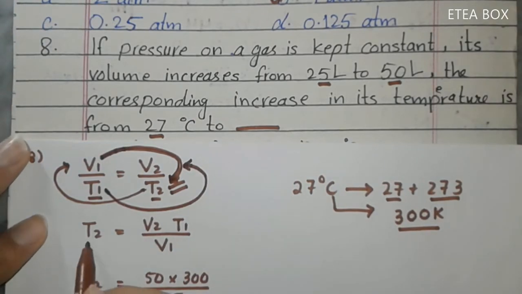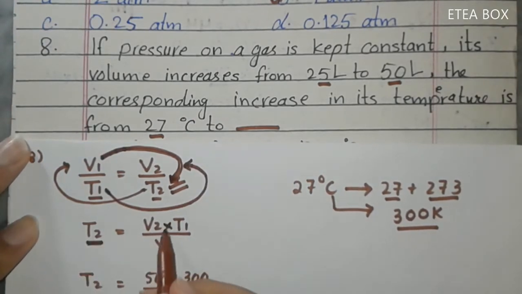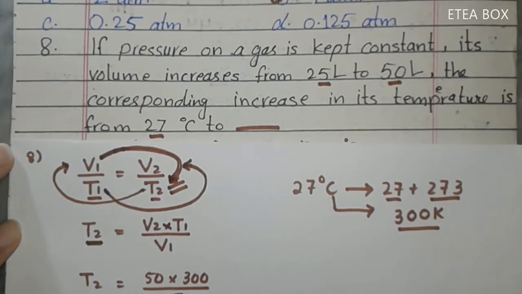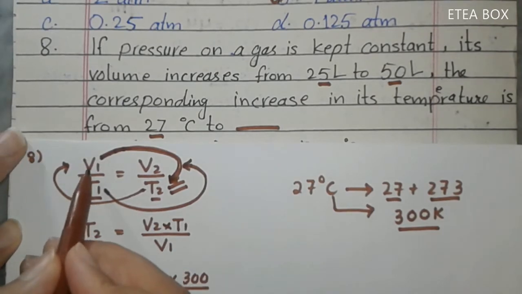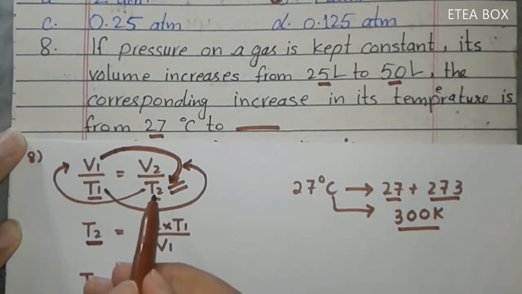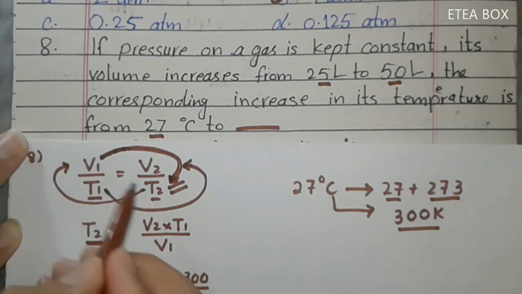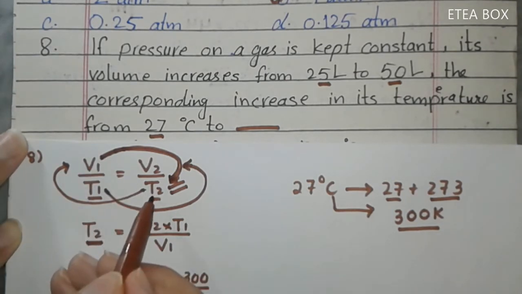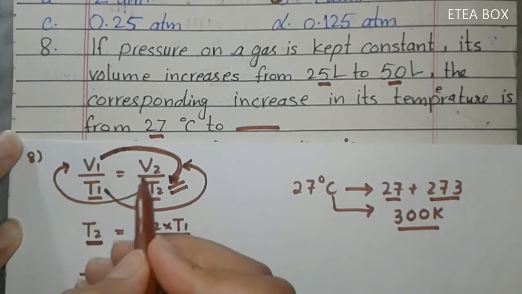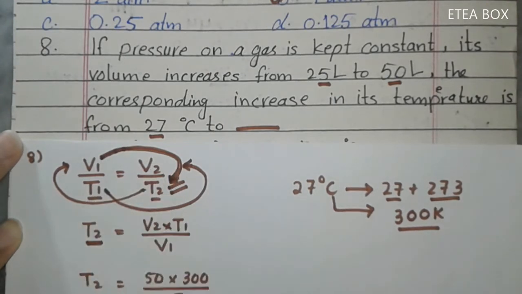So T2 equals V2 multiplied by T1 divided by V1. I hope you understand that T2 and V1 are exchanged, and T1 comes there with V2.